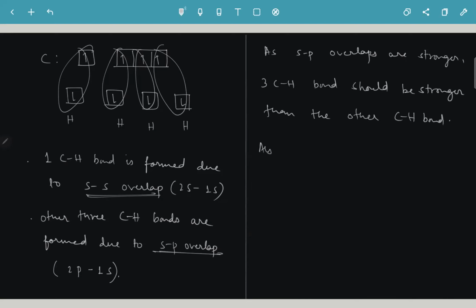Also, the three CH bonds formed due to sp overlap should be perpendicular to each other.